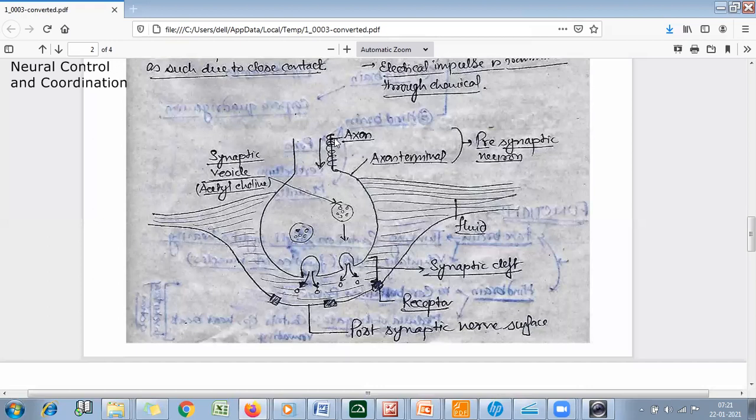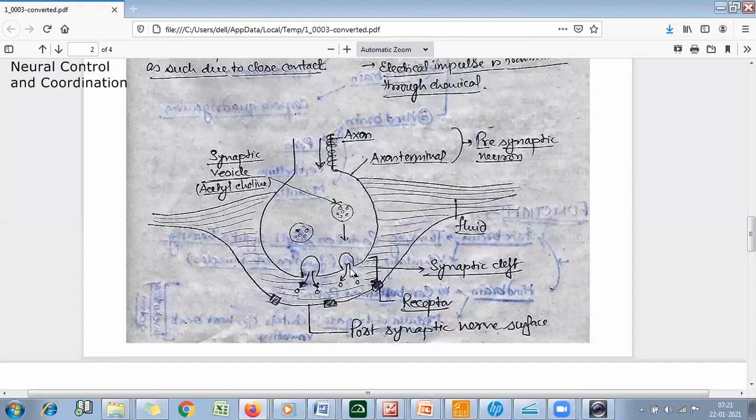So when the stimulus in the form of electric current comes into the axon, these synaptic vesicles reach the surface of this knob-like structure, and it releases the acetylcholine. Now we can see that these pouches reach the surface and burst, and after bursting it releases the neurotransmitter, or we can say the acetylcholine.